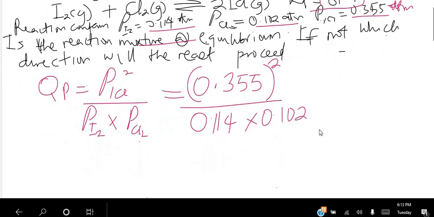When we plug this into our calculator, it gives us 10.8. So we have our Qp to be 10.8.